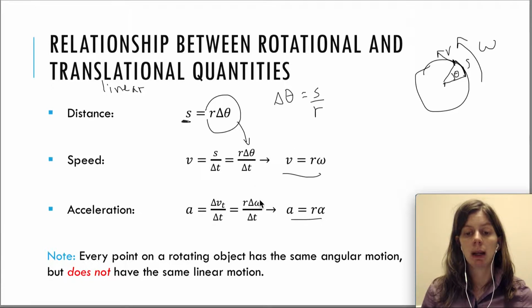You plug that in, and then omega over t becomes alpha, so we have r alpha. Again, I'm not too big on derivations in this class. I just wanted to show you that these equations weren't coming out of nowhere, that they're not too hard to derive, but we're just going to be using the relationships. So v is r omega and a is r alpha.